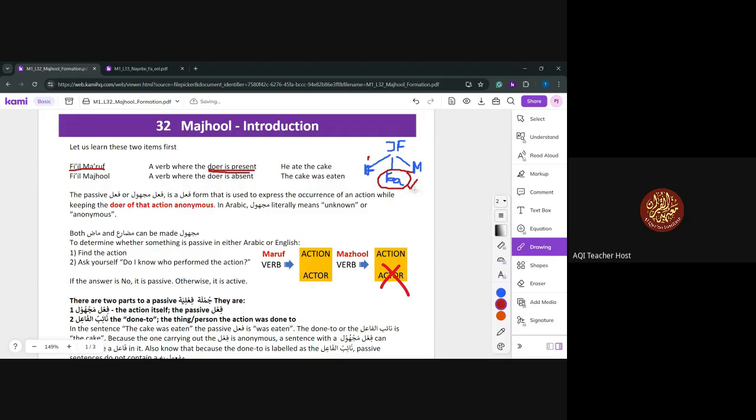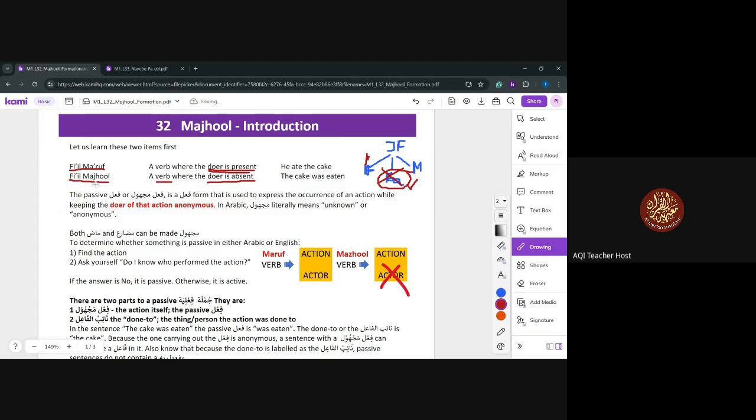But when the doer in the sentence is absent, so for example we have no fa'il in the sentence, then the verb, the fi'l, is going to be a fi'l majhool.